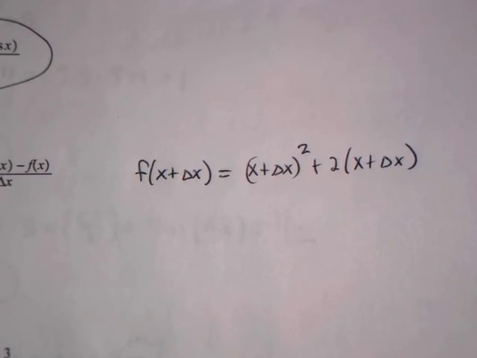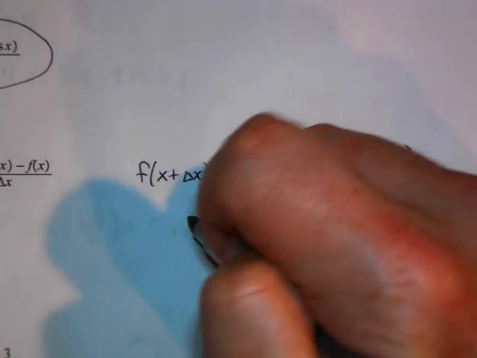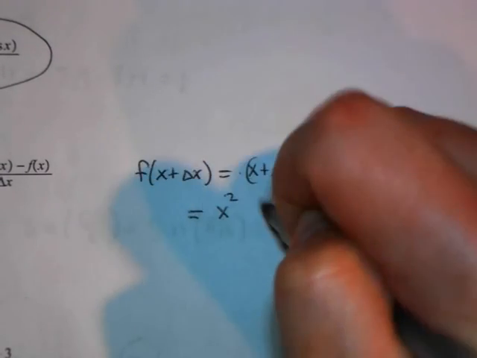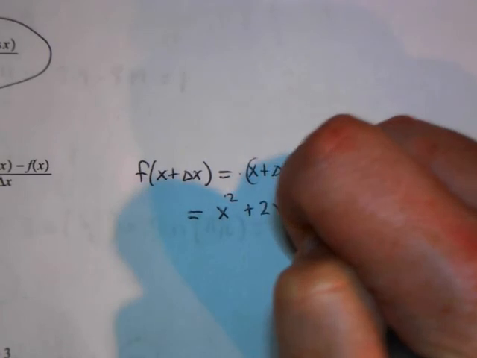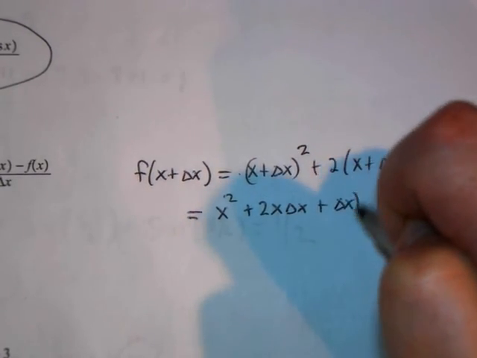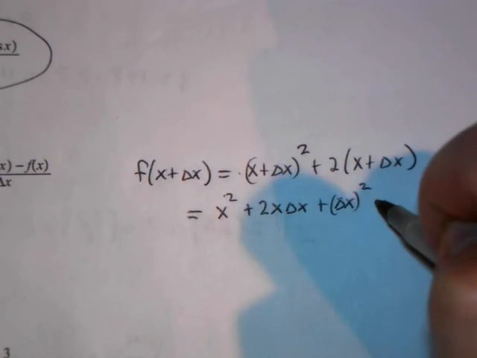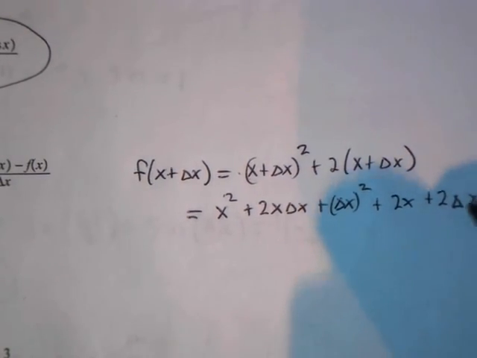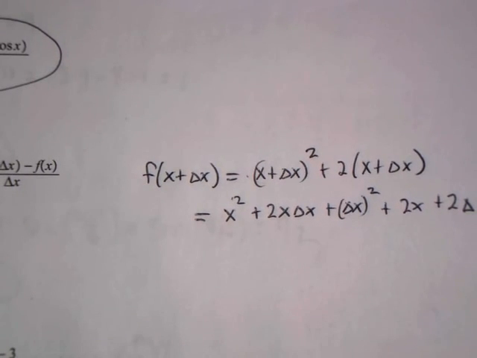And you do have to be careful here because the x's and the delta x's are easy to get confused. Alright, so when we FOIL this out, we get x squared plus 2x delta x plus delta x squared plus 2x plus 2 delta x. And I guess there's no like terms, so there's really nothing I can combine.